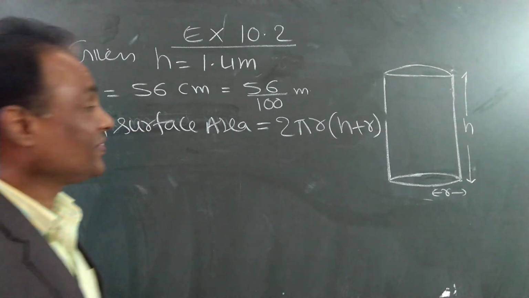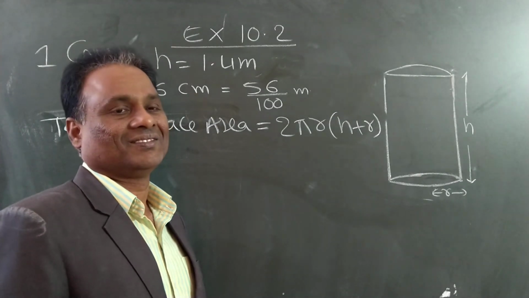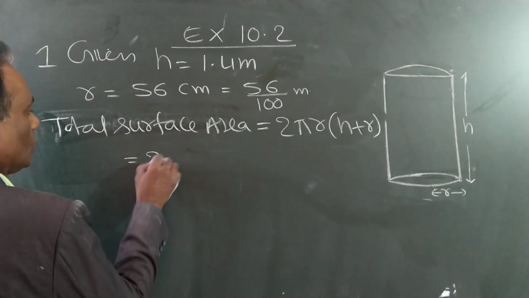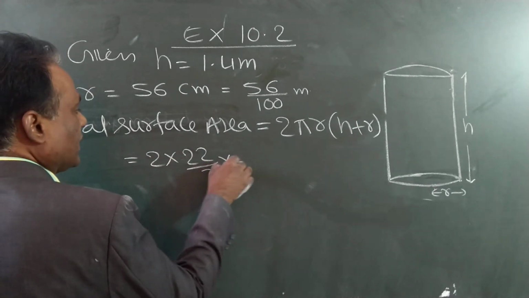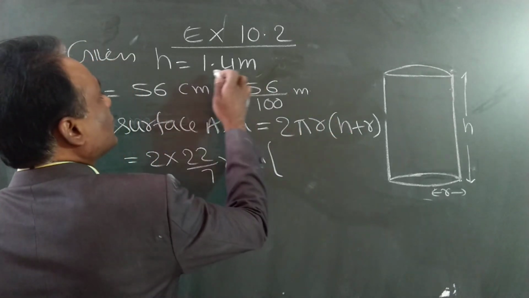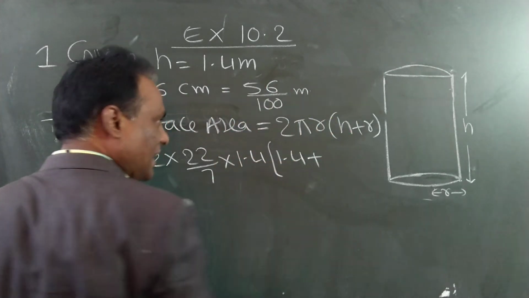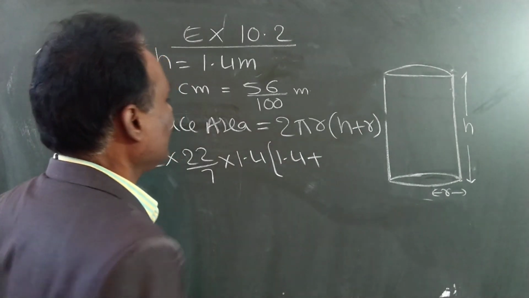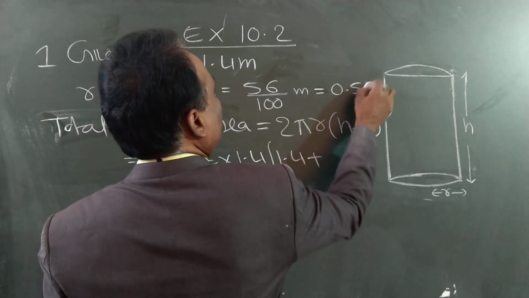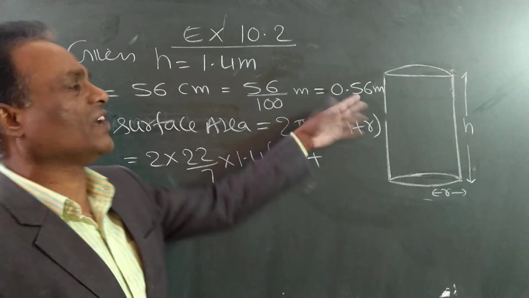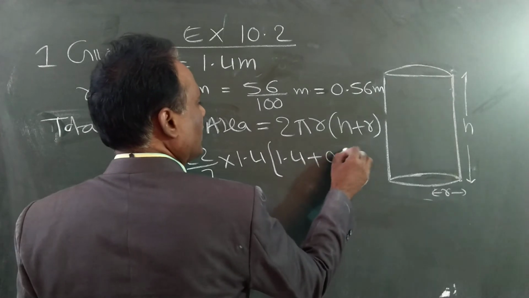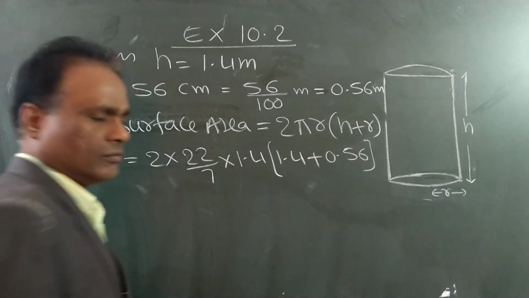Total surface area of the cylinder, 2 pi r into r plus h. 2 into pi is 22 by 7 into r is 1.4 into h is 1.4 plus r is, you can remove these two zeros, you can keep the decimal. 0.56 also you can write. 56 by 100 or 0.56, both are same. H is 0.56. Like that also you can write.